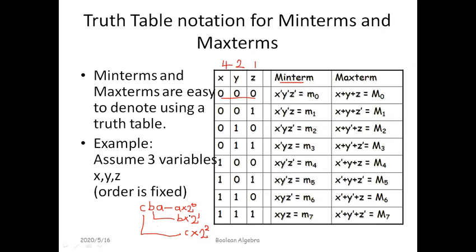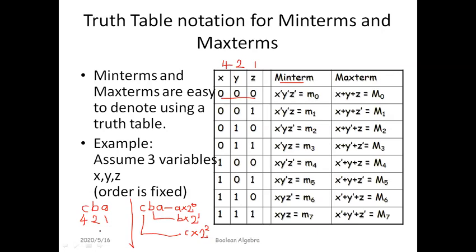Further, you realize, we're moving in reverse now. We have A, B, and C. Here, 2 raised to the power 0 is a 1, 2 raised to the power 1 is a 2, and 2 raised to the power 2 is a 4. So from these numbers 4, 2, 1, we can come up with whatever combinations up to 7 for the 3 inputs.